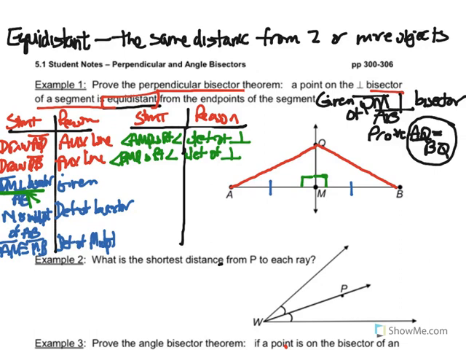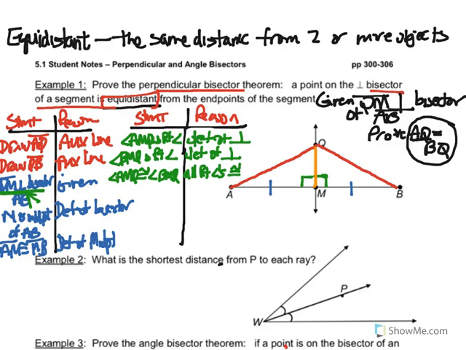And then, since they're both right angles, we can say angle AMQ is congruent to angle BMQ. And why is that? All right angles are congruent. And then, let's see here, next, we're going to talk about this line segment right here.